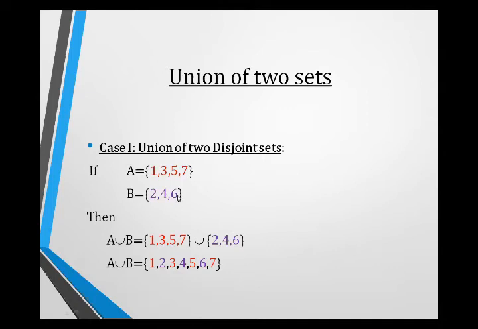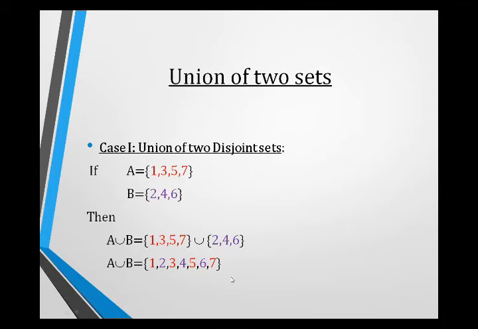Okay students, if we put the members of both categories together, we find a new set, that is A union B. Here we write set A, which is {1, 3, 5, 7}, then a union sign, and then set B, which is {2, 4, 6}.